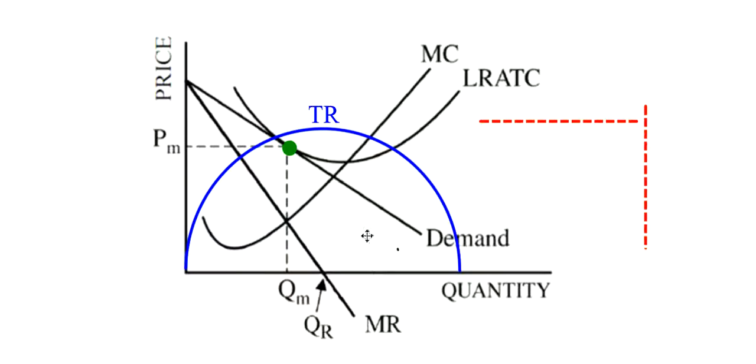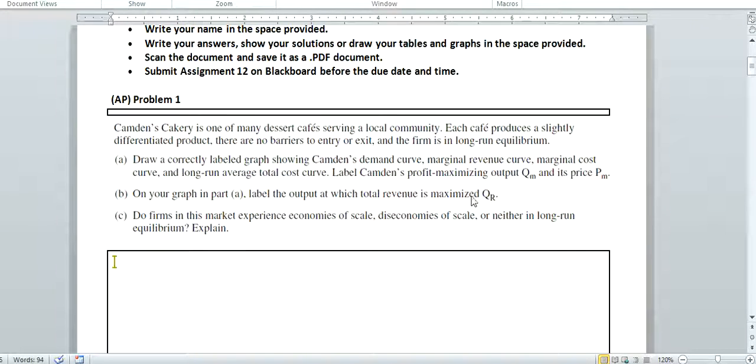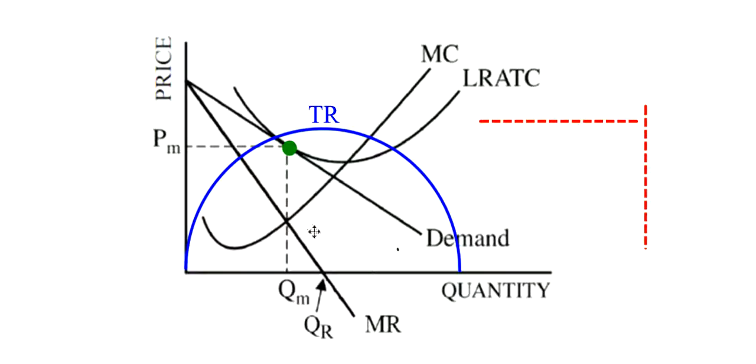Now, what else do we want to answer here? Let's just go back to make sure. Okay, so we have everything on here. We want to explain whether we are experiencing economies of scale, diseconomies of scale, or neither in the long run. Well, if we're in long run equilibrium here, we can see that at this point right here, as we produce more, we're still lowering our long run average cost. So as we produce more units, our long run average cost is decreasing.